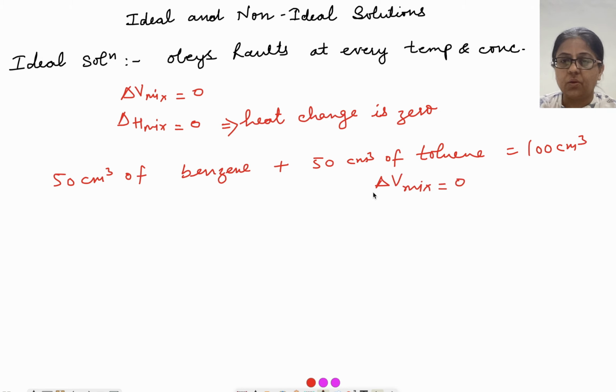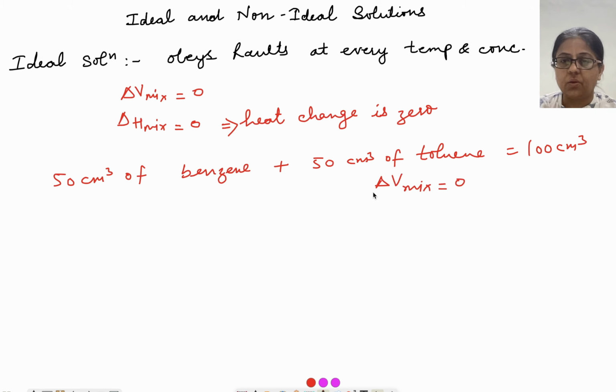Slowly we are adding another component in it, and at this point the mole fraction of B is equal to 0, but we are increasing component B in the solution, and at this point the mole fraction of component A will become 0, and the mole fraction of component B will become unity.